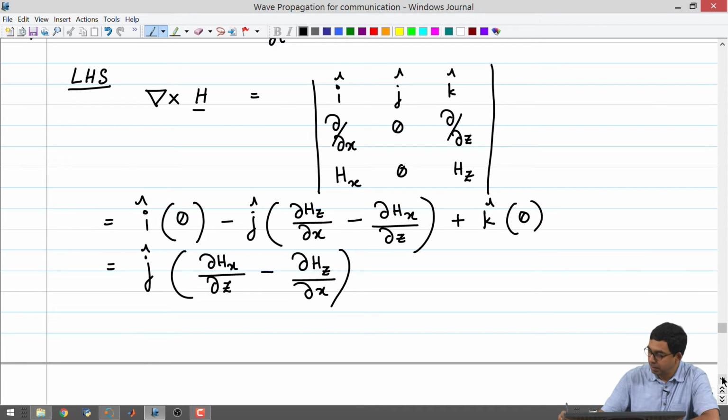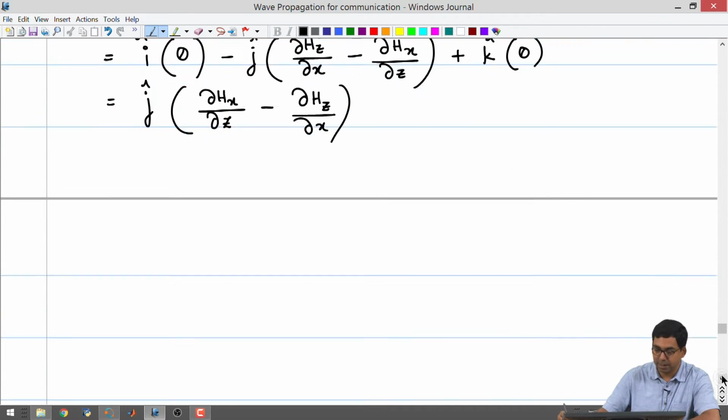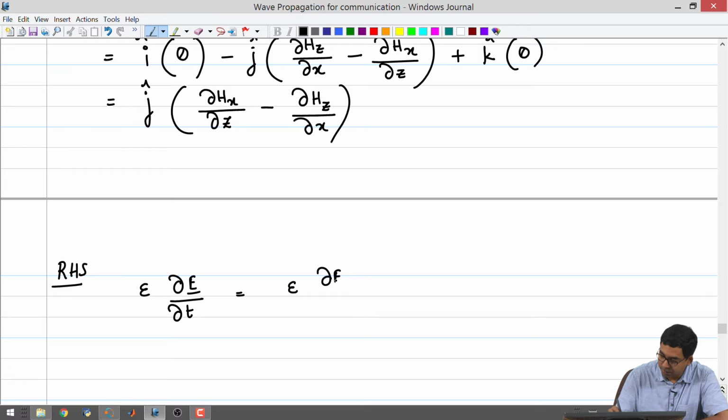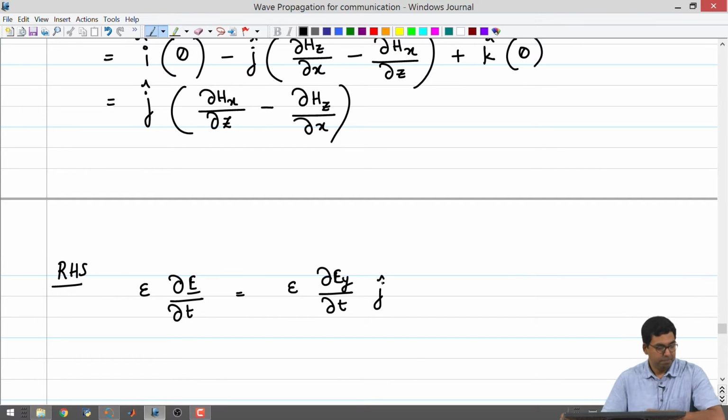Let us go ahead and write down the right hand side also. I have epsilon dou E by dou t, which becomes epsilon dou Ey by dou t.